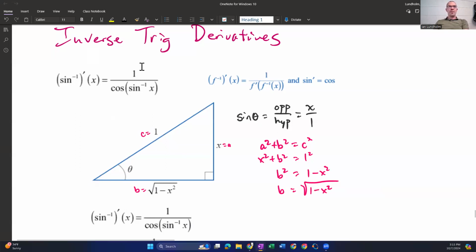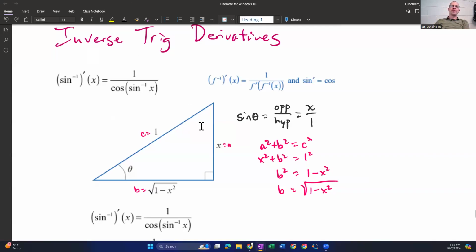I don't know if you remember doing this in a pre-calc class, but when you've got an arc sine and then you've got a cosine around it, for instance, whenever you've got a composition of an inverse trig function and a regular trig function, this can happen in the opposite order too, it's oftentimes really nice to draw a triangle to sort out your thoughts. The idea being, this arc sine of x asks the question, for what angle theta would the sine be x?